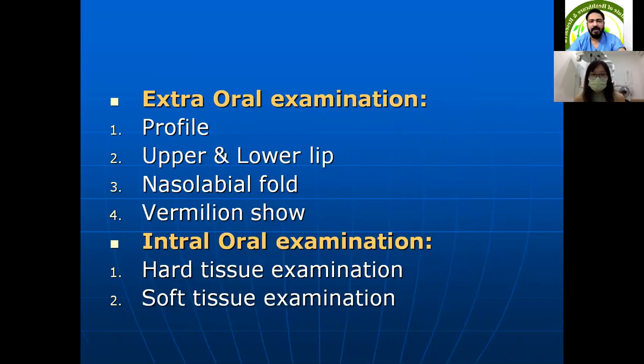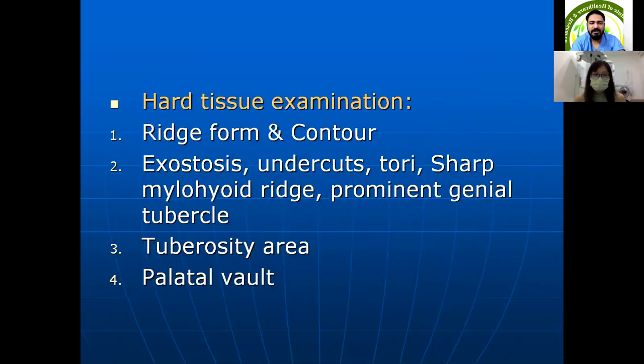In extraoral examination: profile, upper and lower lip, nasolabial fold, vermilion border. Then in intraoral examination, hard tissue and soft tissue examination. In hard tissue examination: ridge form, contour, exostosis, undercuts, tori, shape of mylohyoid ridge, prominent genial tubercles, then tuberosity area and palatal vault.